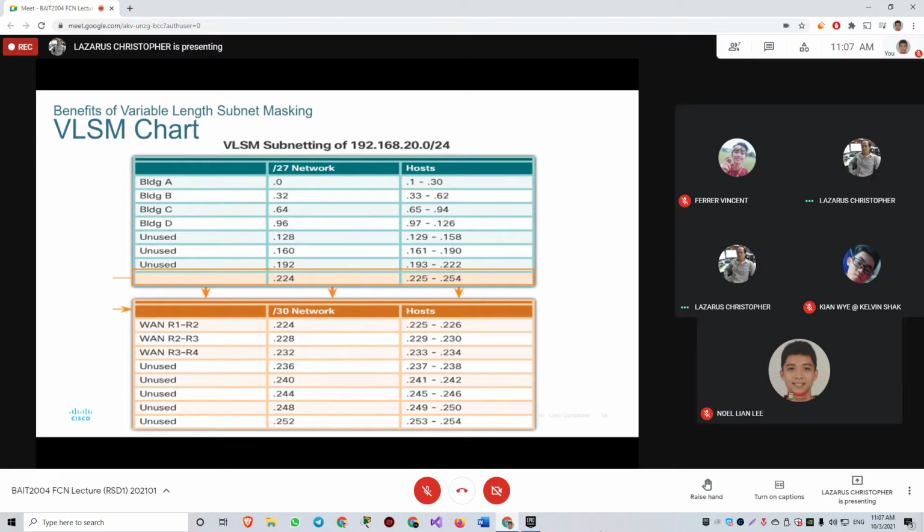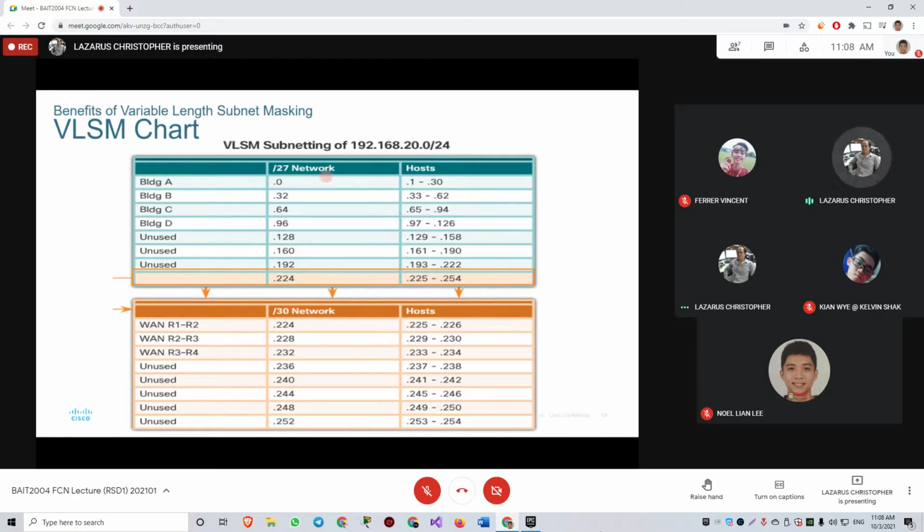So that means between router 1 and 2, the interface connecting R1 and R2, the R1 side will be 225. R2 will be 226. And this network between R1 and R2 is the 224 network.